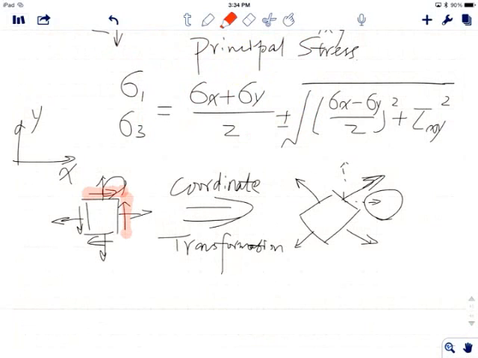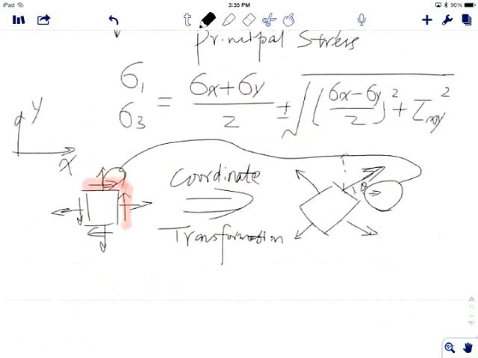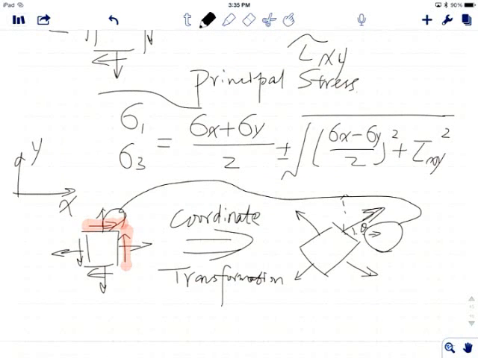So when you rotate that normal stress by a certain angle, for example theta, it can be decomposed into x and y, and this x component holds the same deformation as the shear stress. But anyway, I'm not going to spend time on the principles.